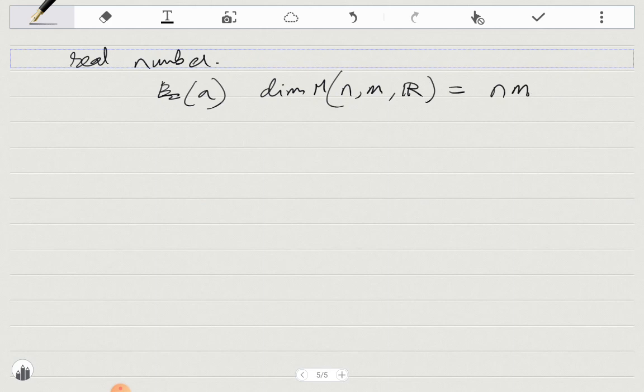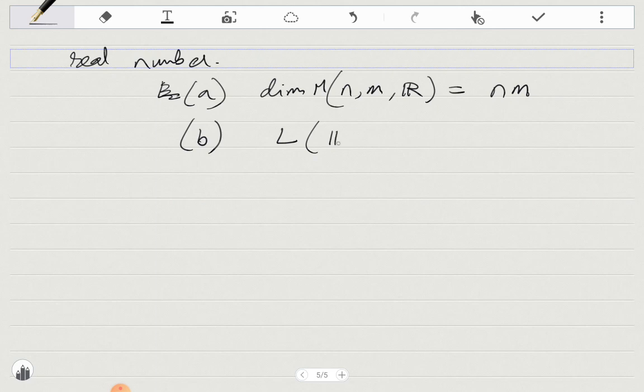One can explicitly write down a basis, which is the analog of the standard basis: in the ijth entry you put 1, elsewhere you put 0.